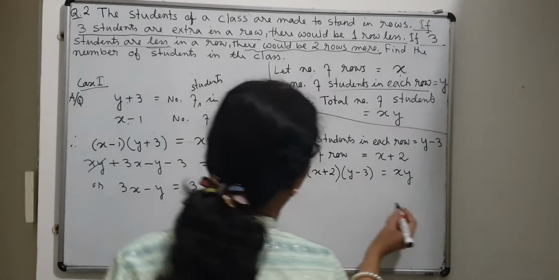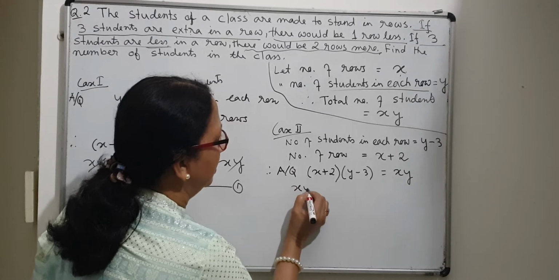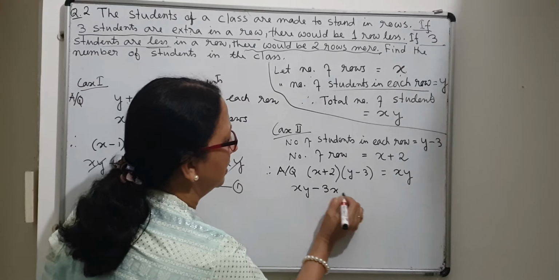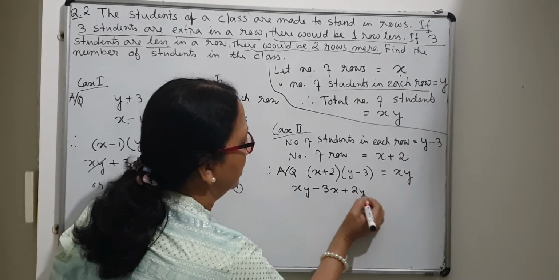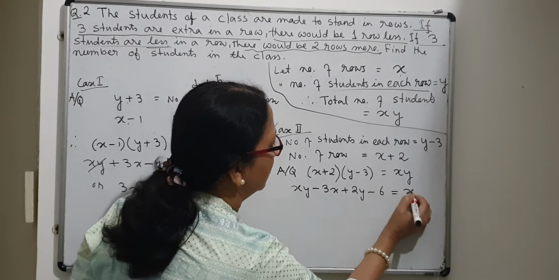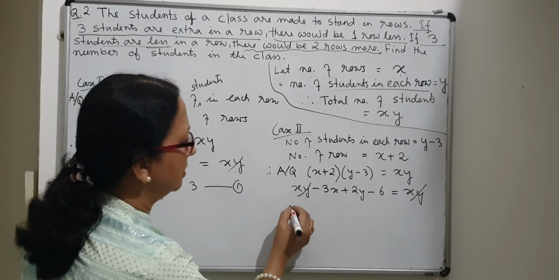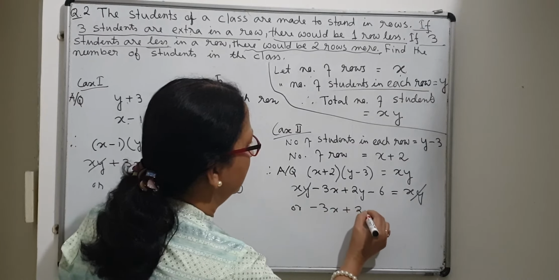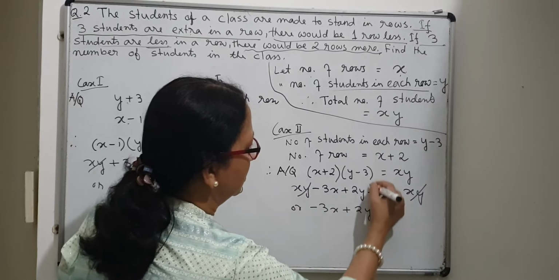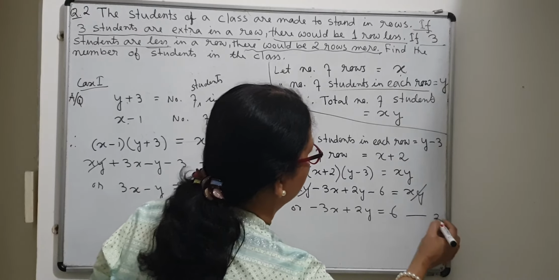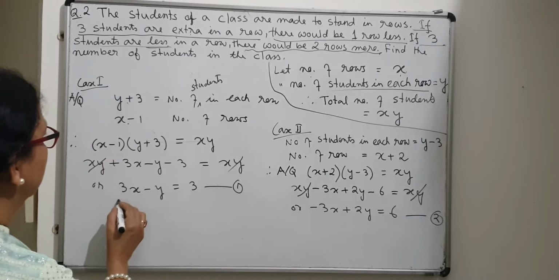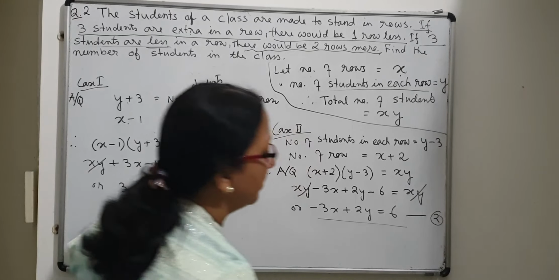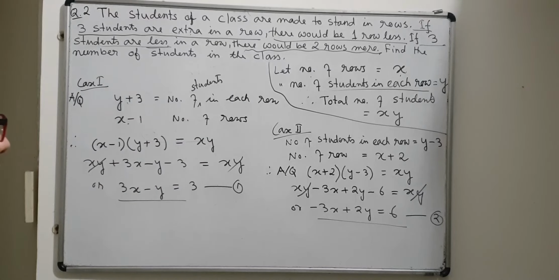So again we simplify: xy minus 3x plus 2y minus 6 is xy. This xy gets cancelled, or minus 3x plus 2y is equal to 6. Taking 6 to the other side, that is equation 2. So I got these two equations from the two different situations. So now we only have to solve.